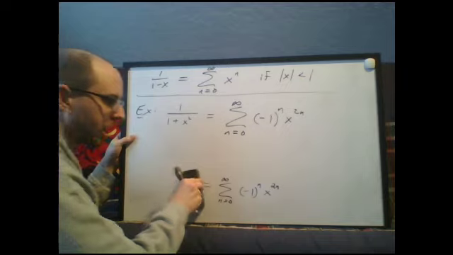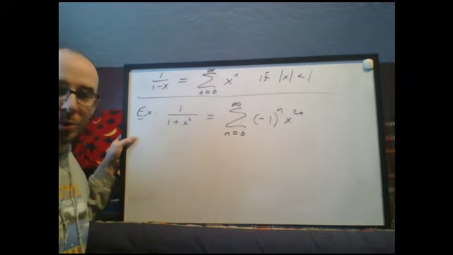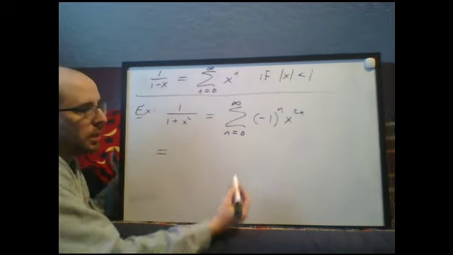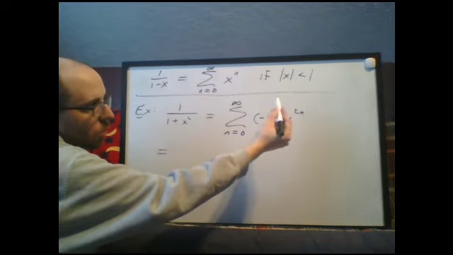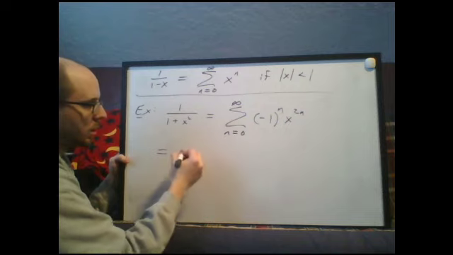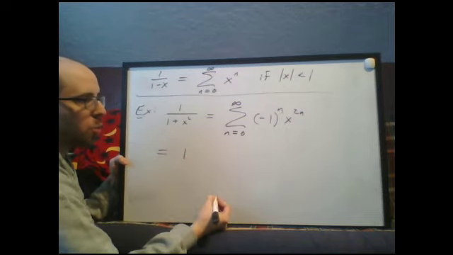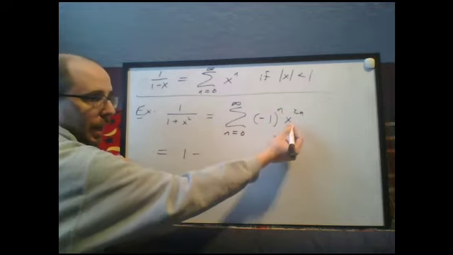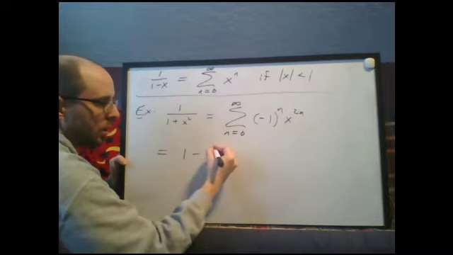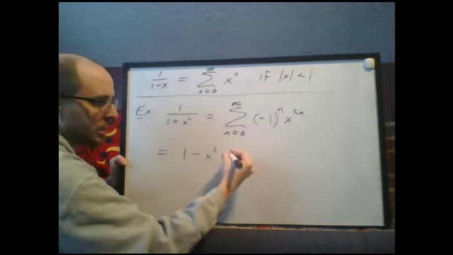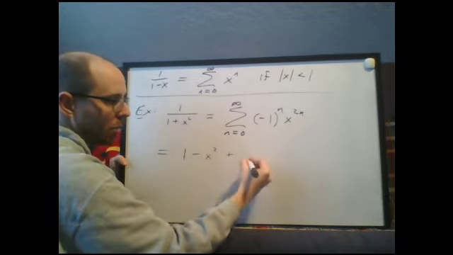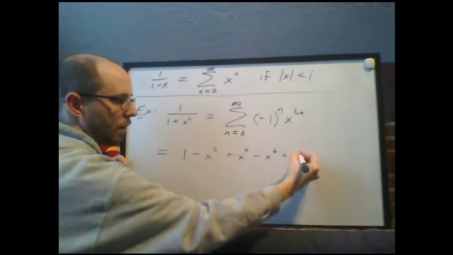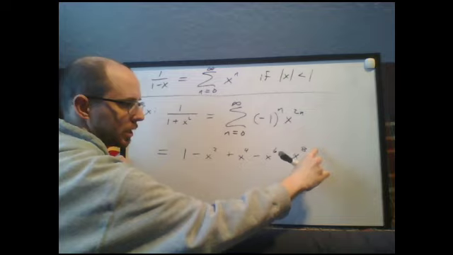If I want to now think of what this looks like if you were to write it out, if I just plug in the first few n's here. When n is 0, I get 1 times x to 0, so 1. When n is 1, I'll now have negative 1 to the first, so that's a minus sign. But it'll be x to the 2 times 1, so it'll be x squared. So what I'm going to get is an alternating sum of even powers of x. I guess next would be minus.